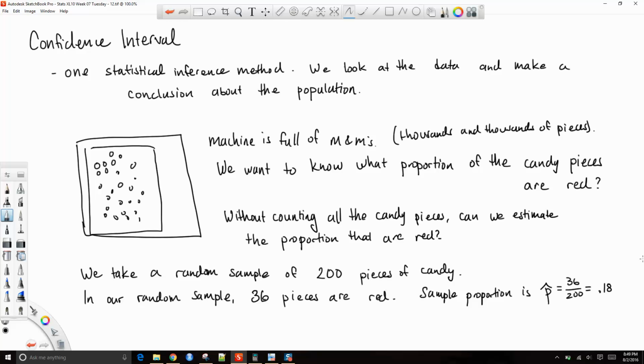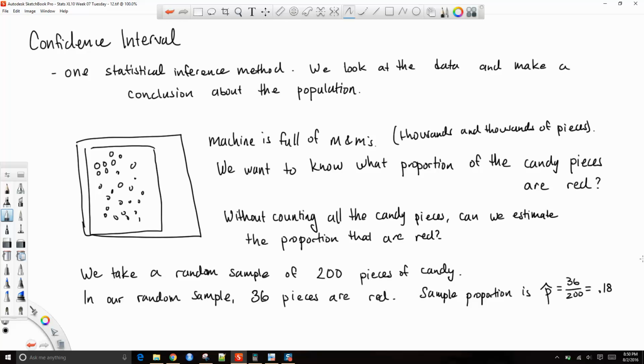So my sample proportion is that 0.18 of the candies in my random 200 pieces are red. What does this say about all the candies in the machine? Does it mean that if I counted up all the pieces in the machine, I would get 18% red? No, not necessarily. I mean, it could be, but not necessarily, right?